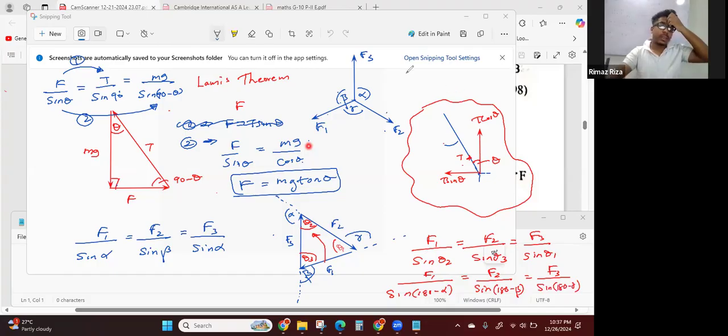Okay. Now, what is sine 180 minus x? Let's say 180 minus x equals what? Anyone?